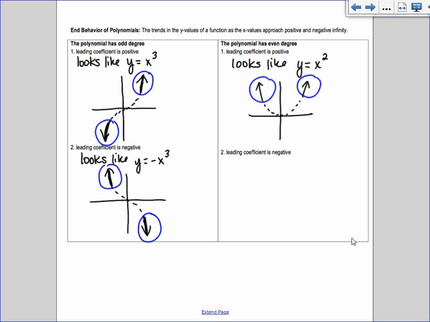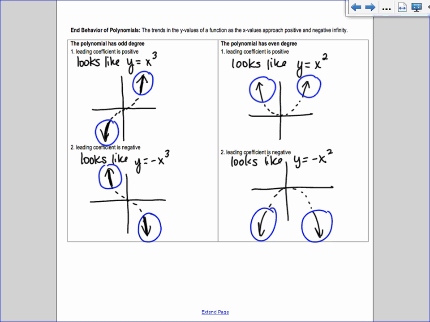And if you have an even degree but the leading coefficient is negative, this is going to look like y equals negative x squared. So that's where both of the ends are going down. So there's four possibilities. They're either both up, both down, down to up, or up to down.